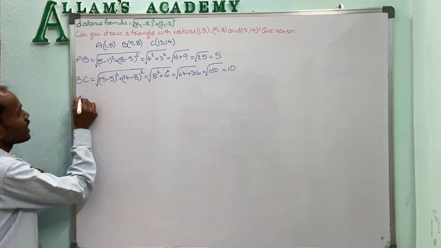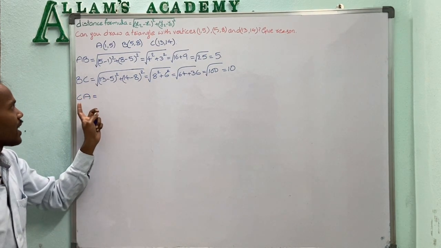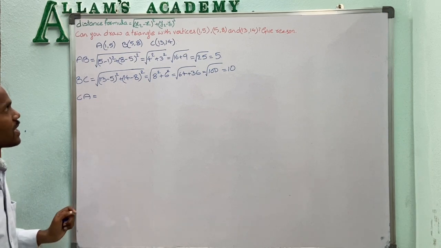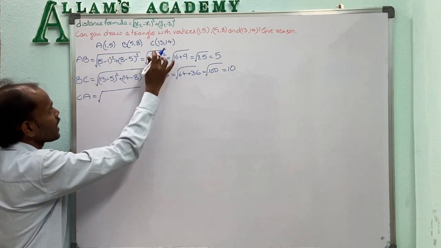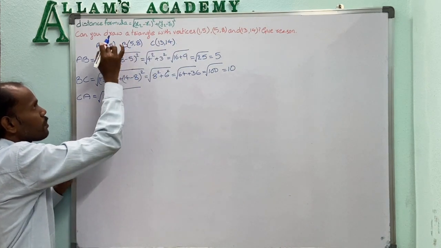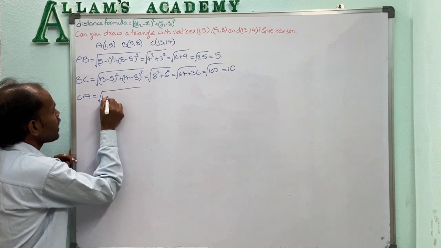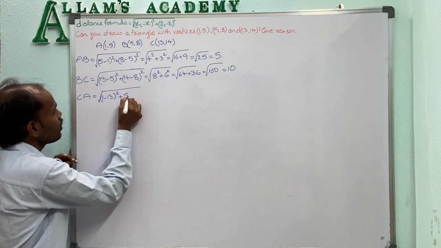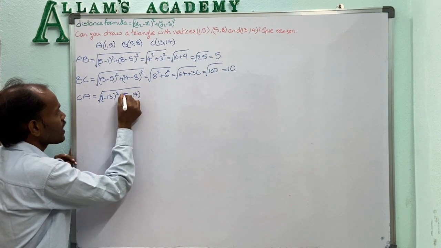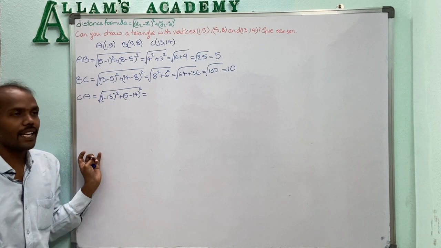Now the distance between the 2 points C and A, that is nothing but the length of the side CA. So here the point C will be taken as x1, y1 and A will be taken as x2, y2. So under root 1 minus 13 whole square plus 5 minus 14 whole square. So 1 minus 13 is minus 12, 5 minus 14 is minus 9.